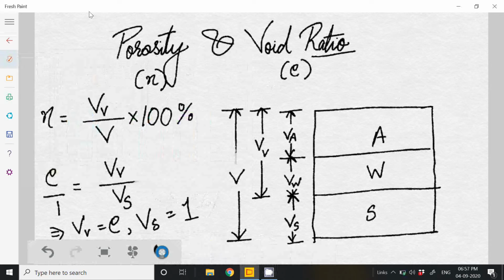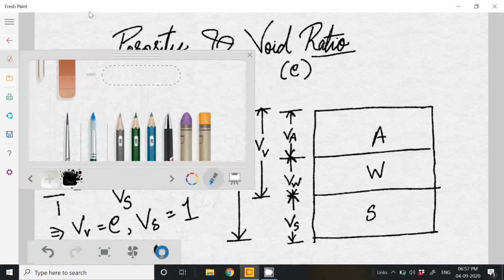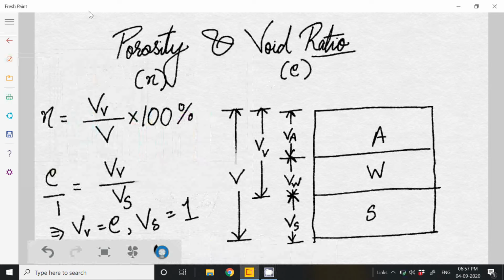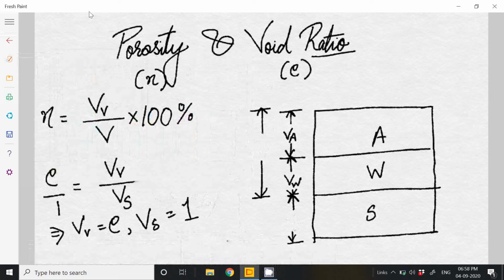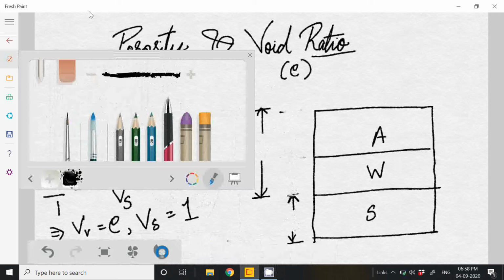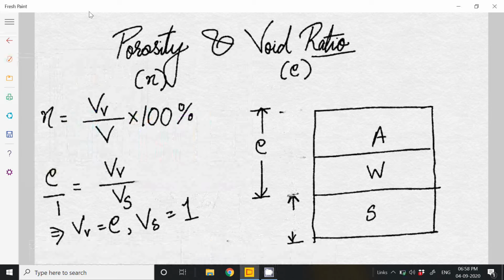So this phase diagram can also be written in this manner, Vv and Vs. If I omit the other parts, we can write it like this.